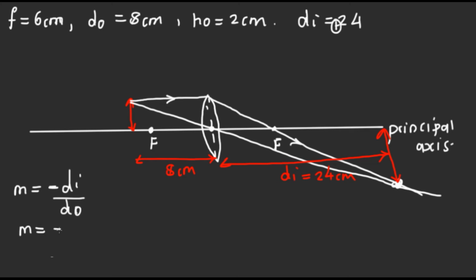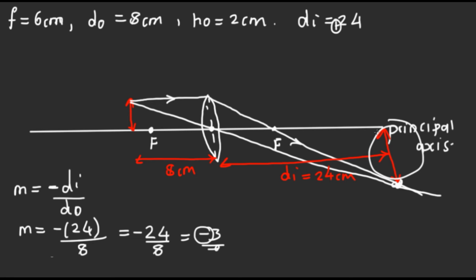So it is equal to negative, the distance of an image is 24 over the distance of an object is 8. So negative times 24 is negative 24 over 8, which is giving us negative 3. So the negative is telling us that the image is facing downward.